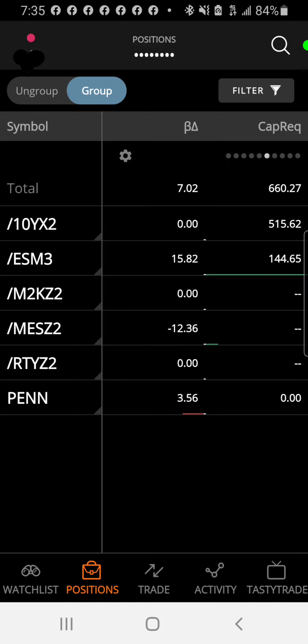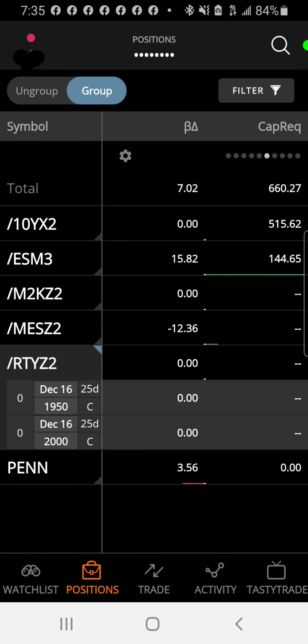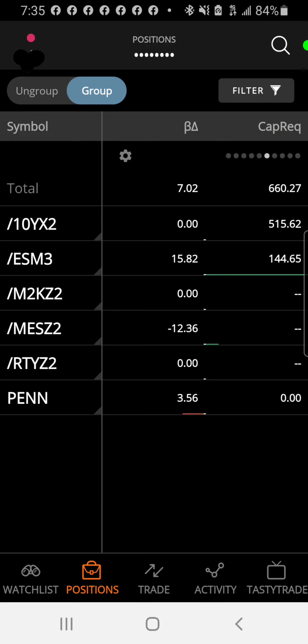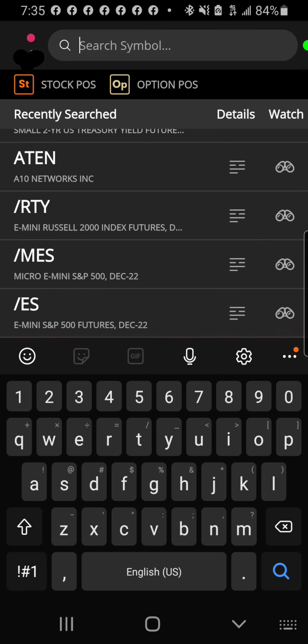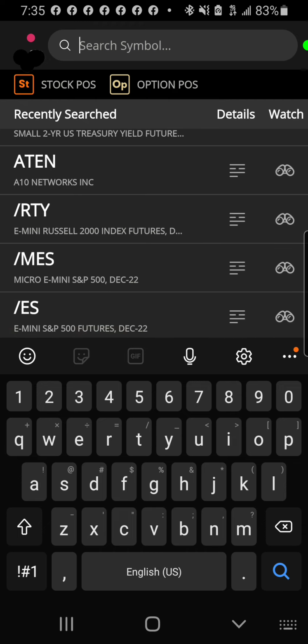So this is the micro Russell, but I didn't have options up there, and they don't even have options up there, so it doesn't even matter. But to hedge it properly with this, these have options, so you have to multiply whatever number you see on the delta on the options chain by 50. So I'll just show you a brief example because this video is getting kind of long. Let's go to ES.